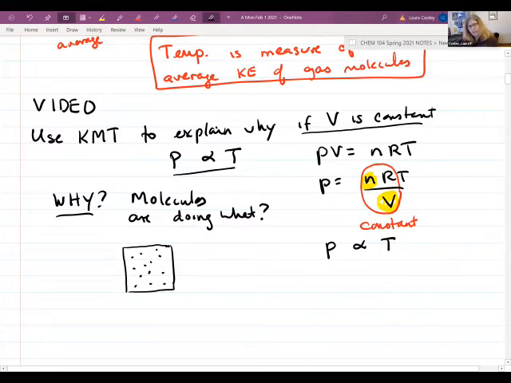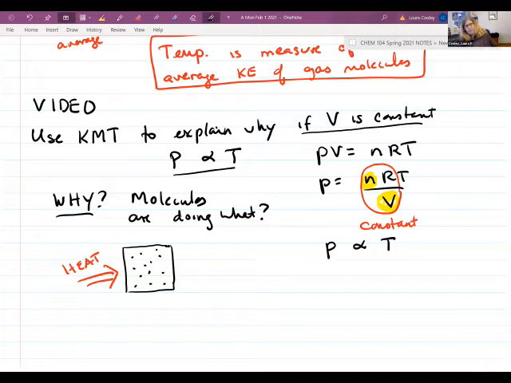So here's your sample of a gas. And let's say you heat this up. So you add heat, but the volume is constant. Intuitively, you would know that the pressure in there is going to go up.